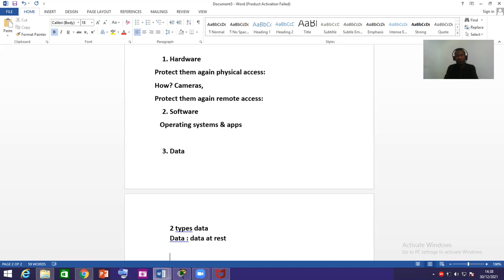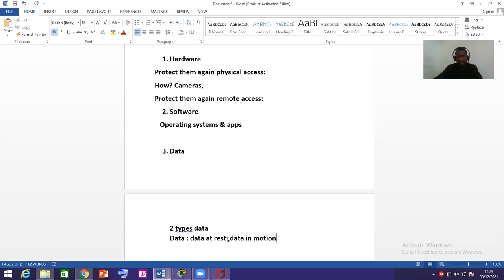And how you're going to do that? There are so many software that are going to help you to have a password for your folders or hard drives and to encrypt your data, right? So this is for data that's going to be sitting without moving. And the second type, there is what we call data in motion.